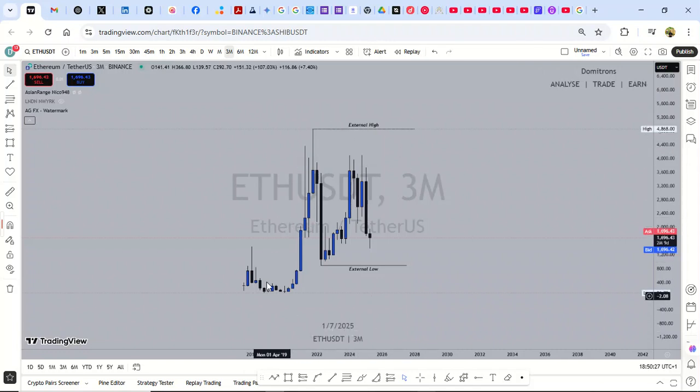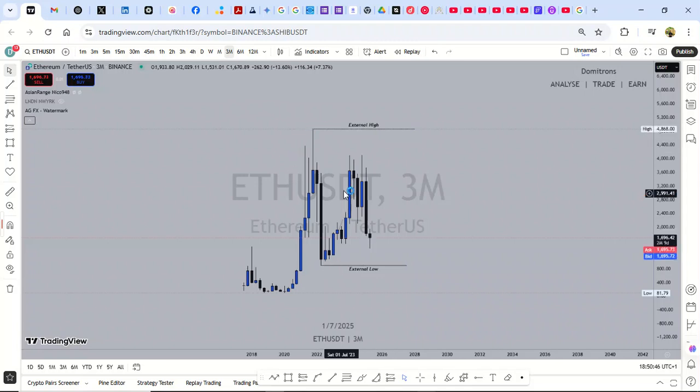Alright, so now from this point we traded higher and we have this high, we trade lower, we have this low. Now when we see this low, what comes into my mind is that I will expect it to go for this high to give us a new high. You understand?